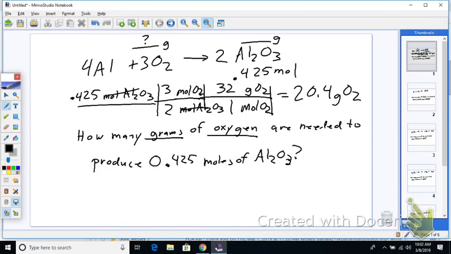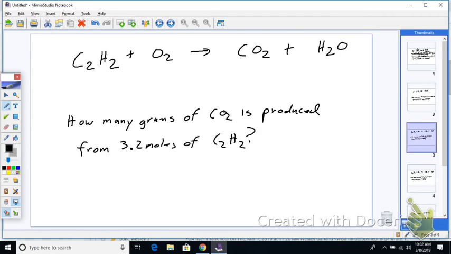Okay? Do you guys want to try one on your own? Yeah, let's go. I want you to do this on your own. Easy. Okay? First thing you have to do is balance. Let's just balance it so everybody knows how to balance. So I go 2, and hydrogen's 2, then oxygen's 1.